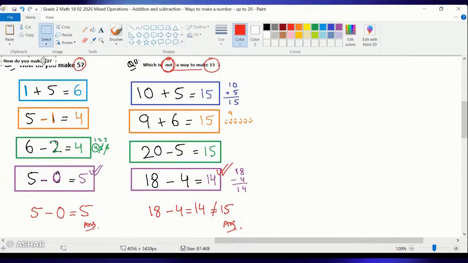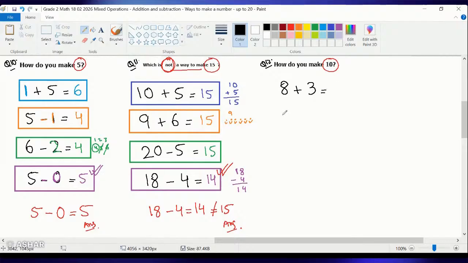For the next question, it says, how do you make a 10? This is our question number 12, okay? If we need to make a 10, the options given to us are 8 plus 3, the first option.